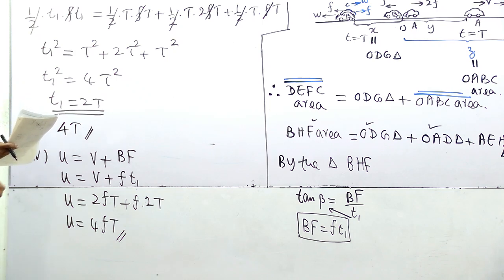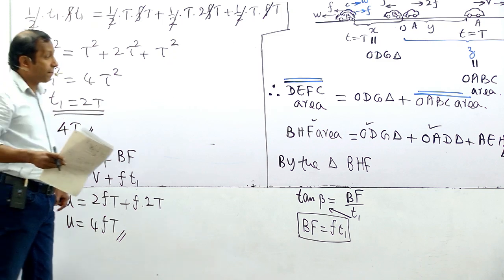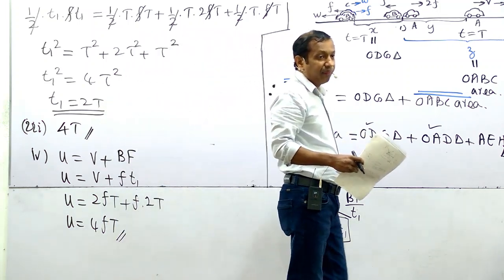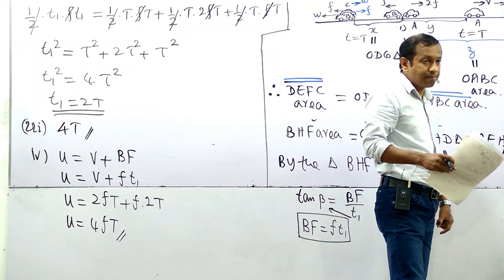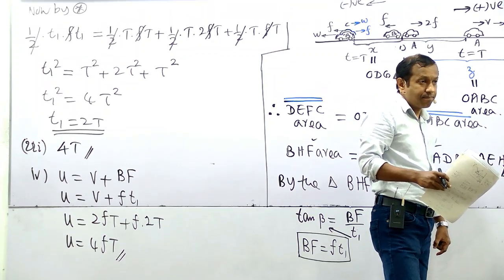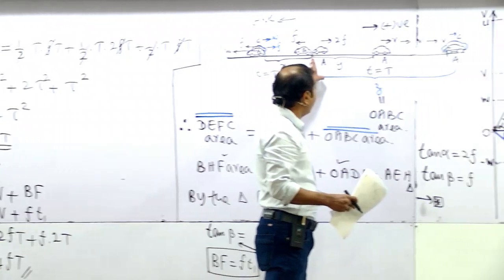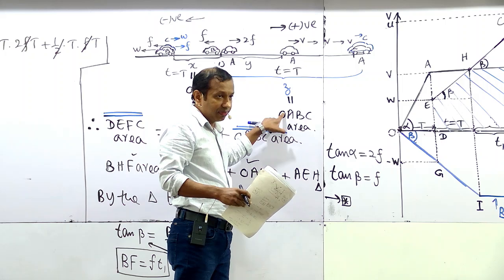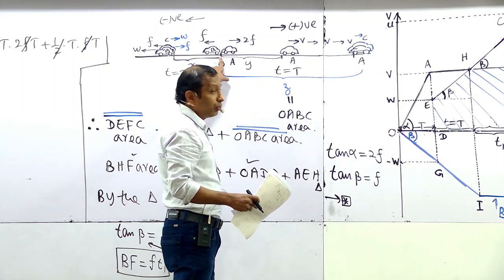The fifth one. When C overtakes A, find the distance between A and B. People, now, when C overtakes A, A has moved away from O a distance given by the OABC area. Then B has moved leftward, no?